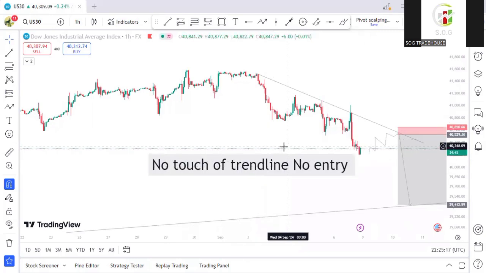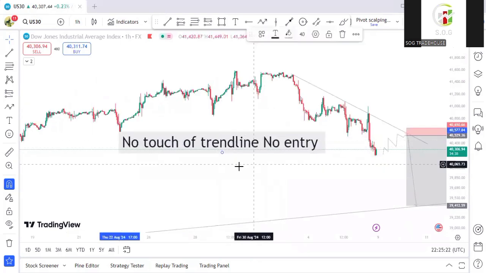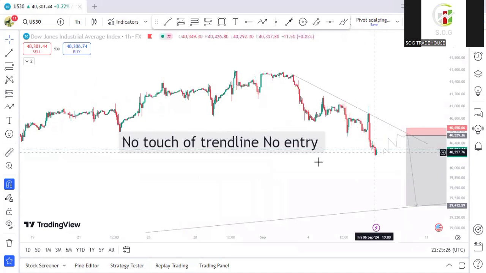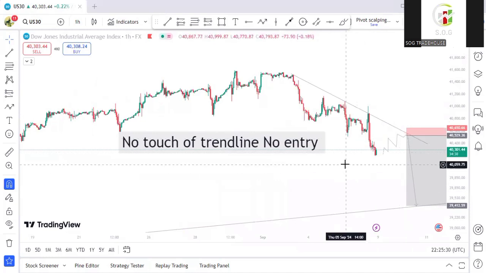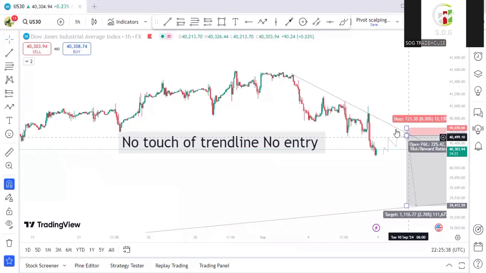So the reason why I focus on this rule is because if you wait for the market to touch the trend line and get your candlestick pattern, you get a better risk to reward, and you have a defined place to set your stop loss.